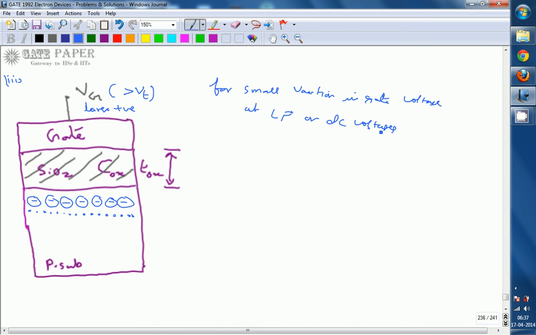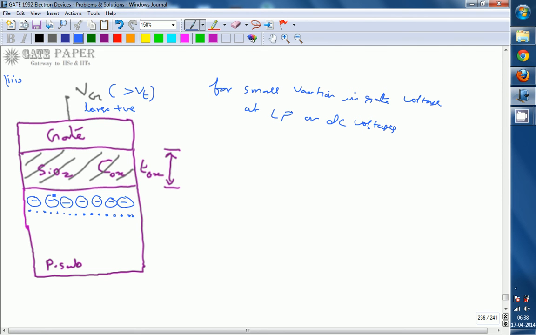Frequency is normally measured in hertz, and low frequency is a very small number of cycles per second, that implies small variation. For small variation and DC voltage, the change in the electron layer as well as the depletion charge is going to be constant. So there is no change in the electron layer over here.